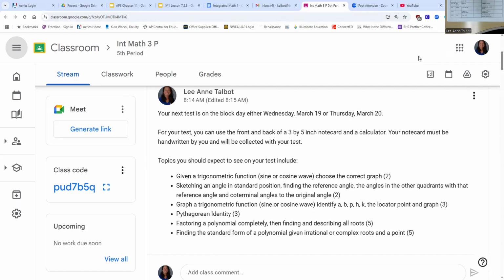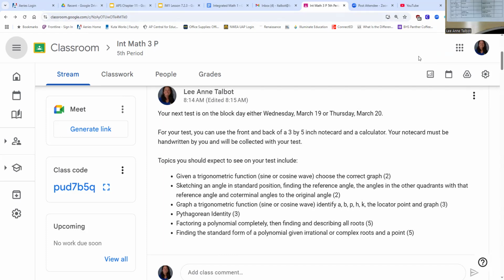Second one, sketching an angle in standard position, find the reference angle, the angles in the other quadrants with that reference angle, and coterminal angles to the original angle. You know what that is, right? We just did it. It's also a multiple choice question, so it's not a big deal. Y'all know how to do it, right? The quadrant thing and stuff. Okay.